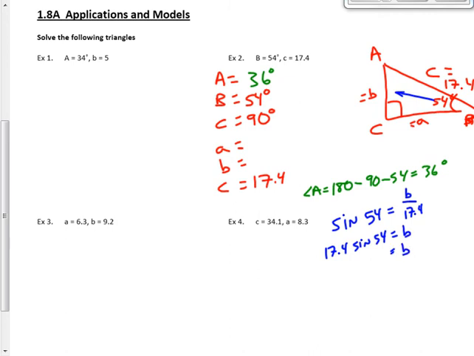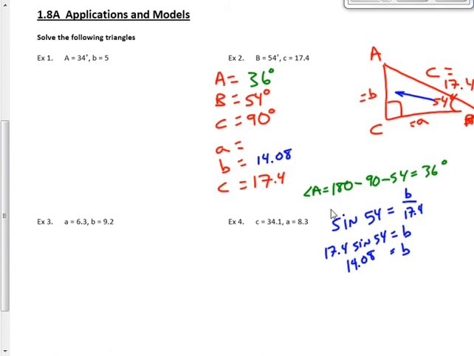That's going to give me B. When I do 17.4 times the sine of 54, I end up with 14.08. Please round properly to the hundredths place. So I get B is equal to 14.08, whatever measurement this is for that side length.